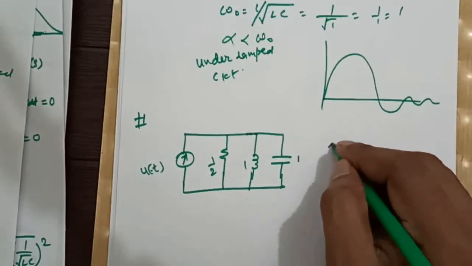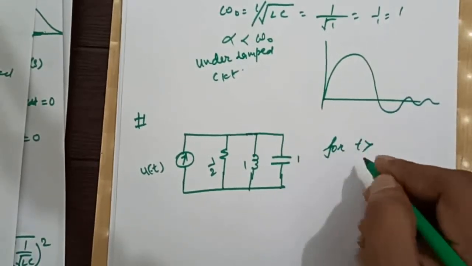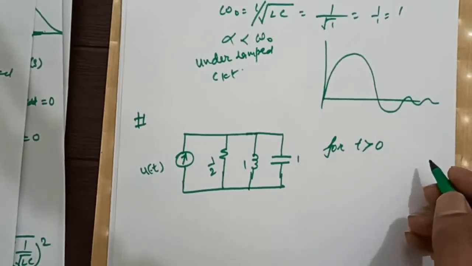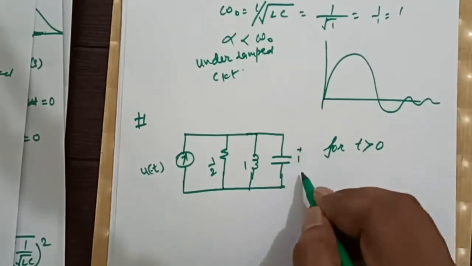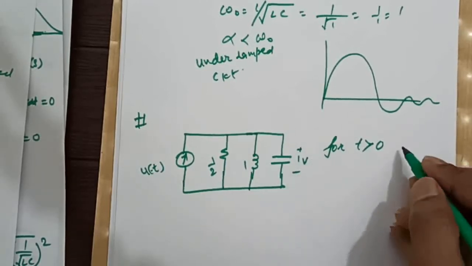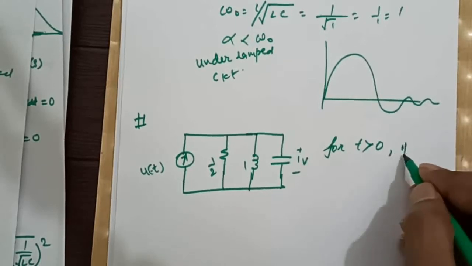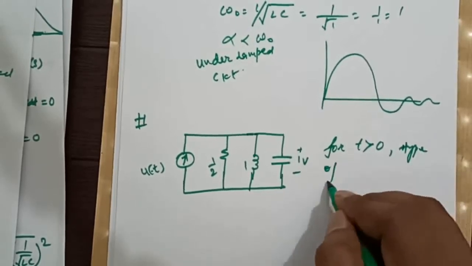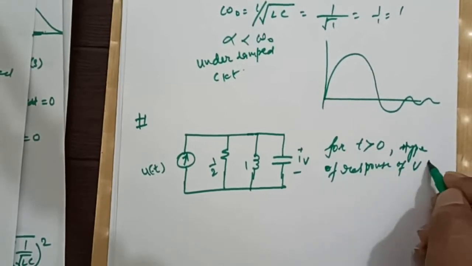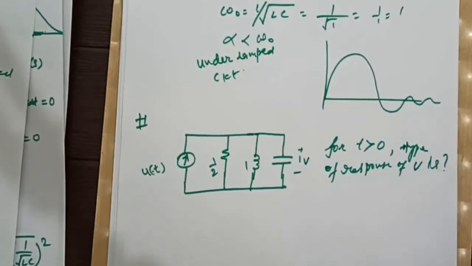The question is, for t greater than 0, what will be the response? Let us say this is V. For t greater than 0, the type of response of V is what? Right.